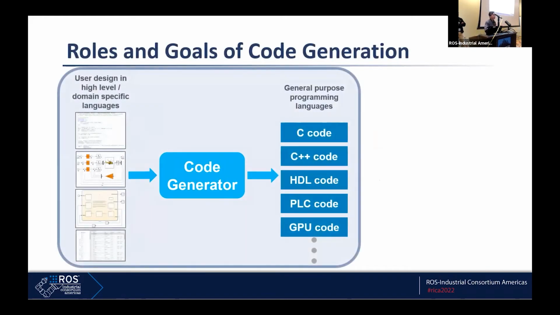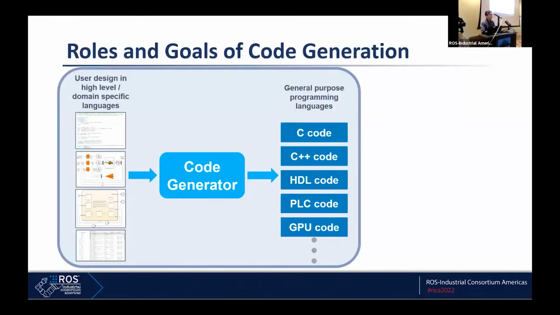The basic idea behind code generation is that you write in a very high-level language, and the code generator takes that and translates it into a general-purpose programming language like C and C++. The MathWorks code generator supports C and C++ code generation, HDL, PLC code generation, even GPU code automatically.